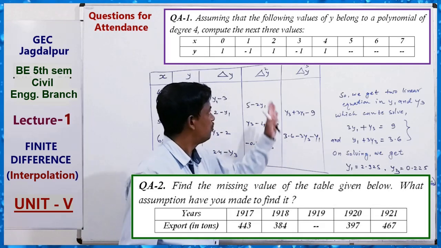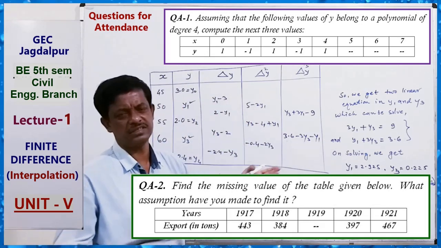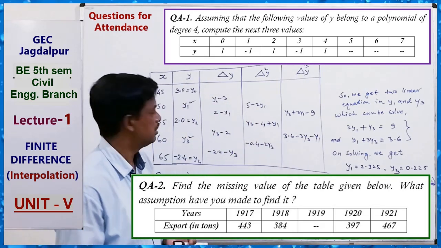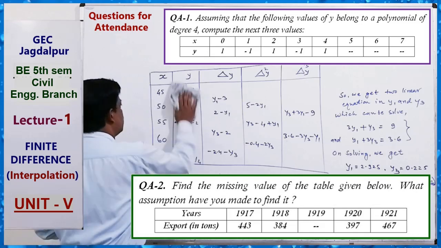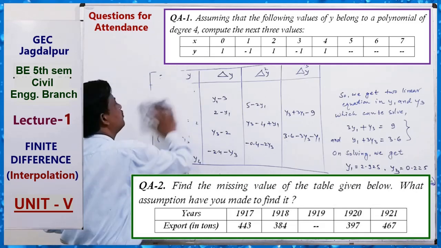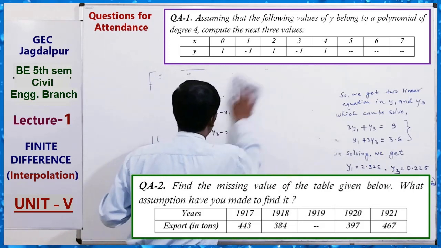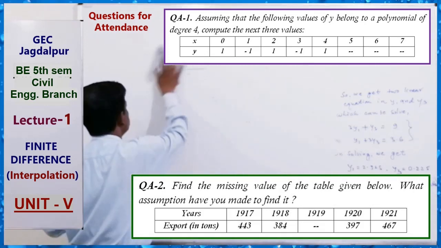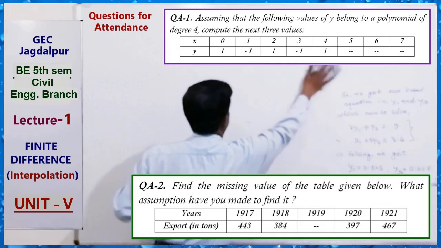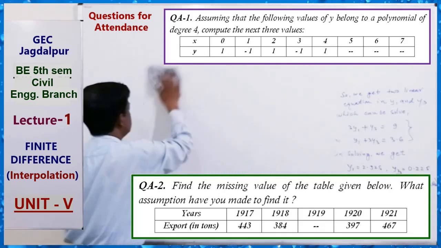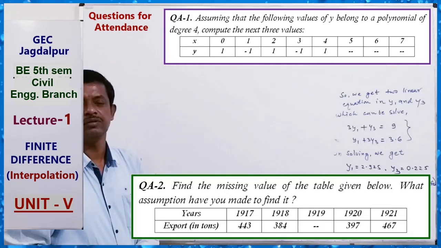After making the table we can see what the position will be. Here 5 entries are given, so we can approximate it as a 4 degree polynomial. If 4 degree polynomial, then 4th differences will be constant.